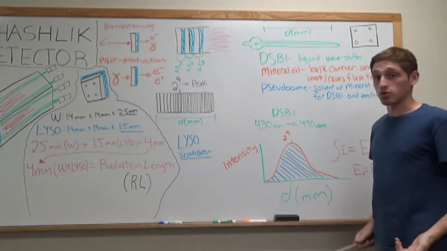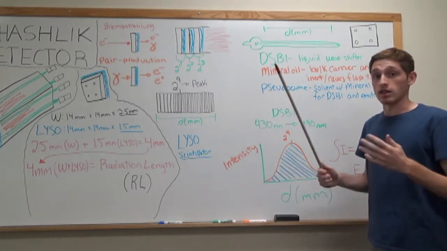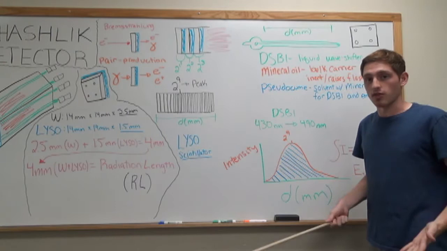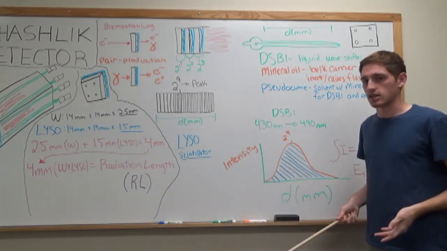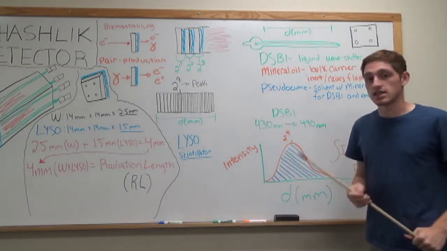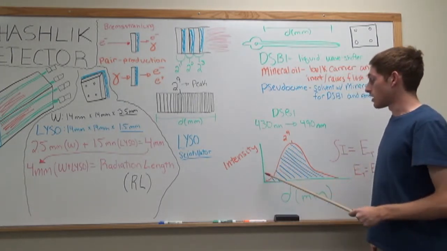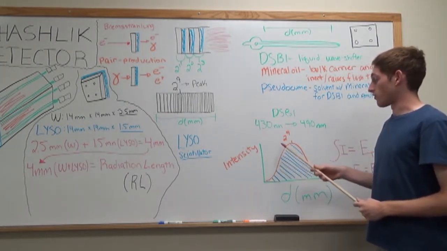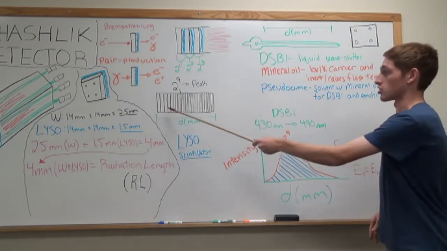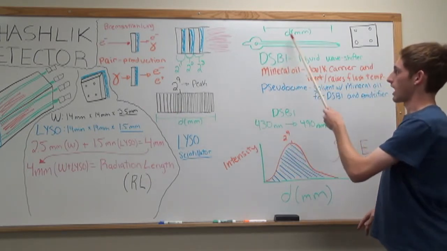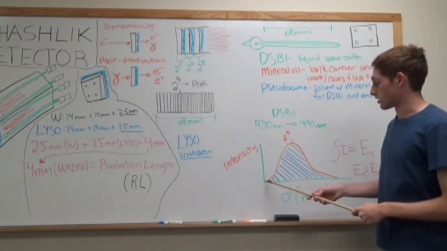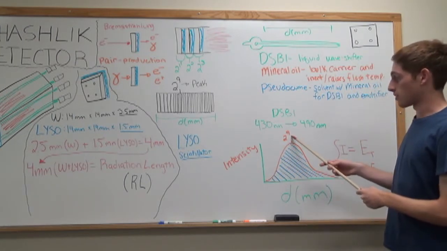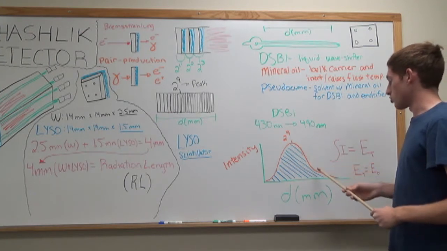And this photosensor will read the light at the same wavelength from the capillary tube, but it will be a different intensity. And the intensity is the important part, because if we take a graph of the intensity versus the distance of the Shashlik and of the capillary tube, we can measure this through intensity, and we can measure this with the 2 to the 9th particle at the peak of the distribution.